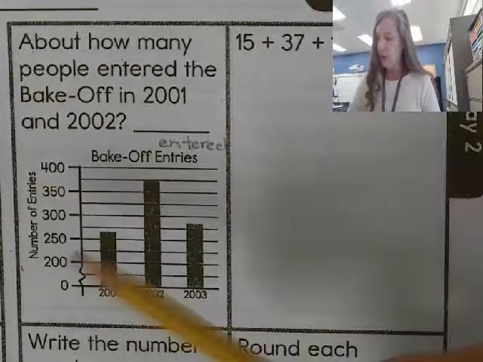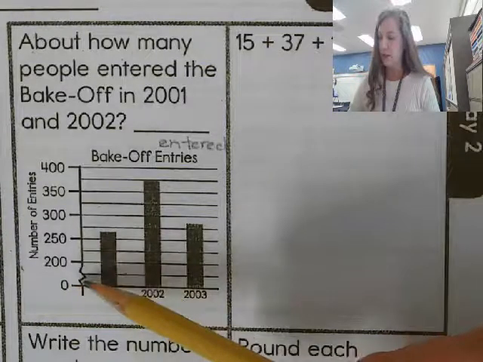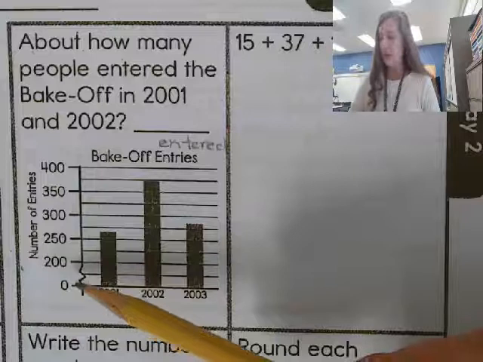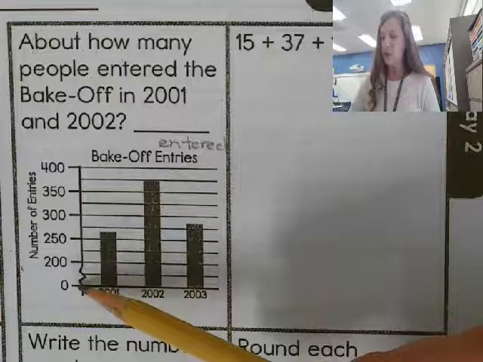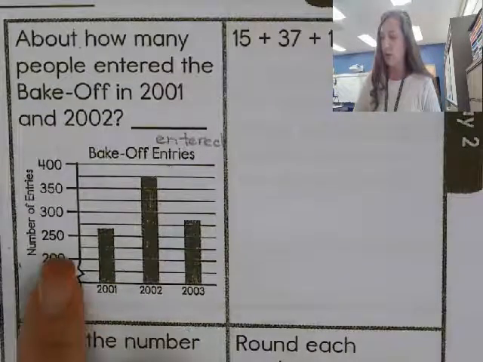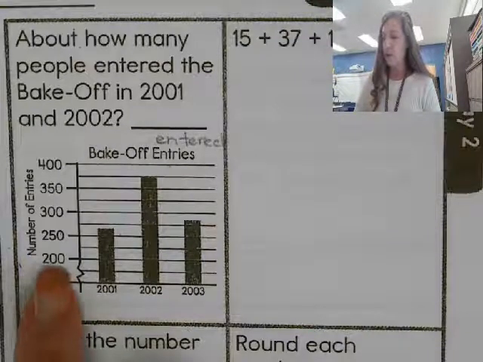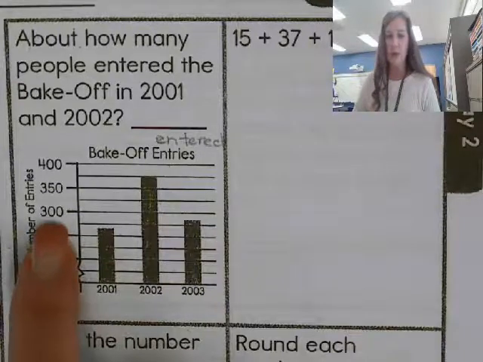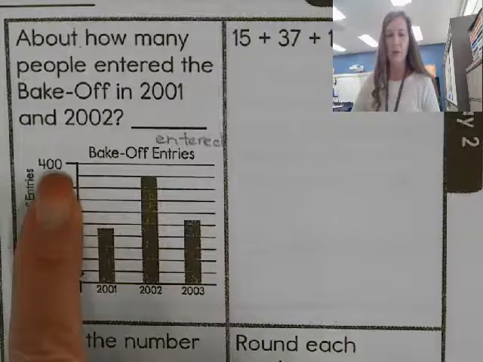Now, if you look at your scale, you'll notice it goes from 0 to 200. This little squiggly mark right here says that they did not have anything less than 200, so they started their scale. You always have to show 0, but you also are going in groups of 50 here. So they went from 200 to 250, 250 to 300, 300 to 350, and 350 to 500.